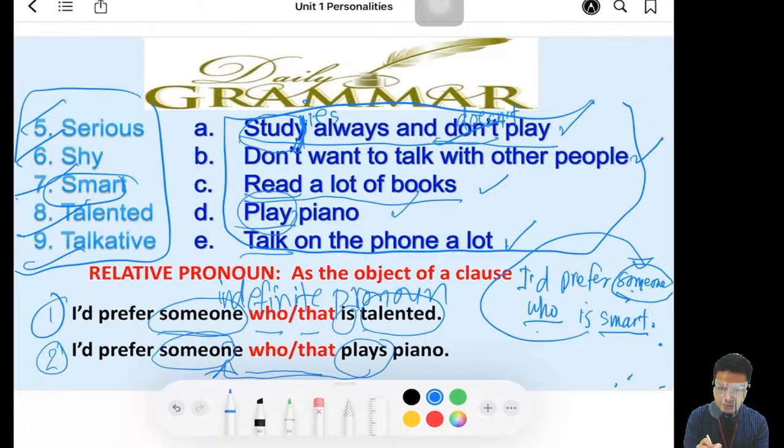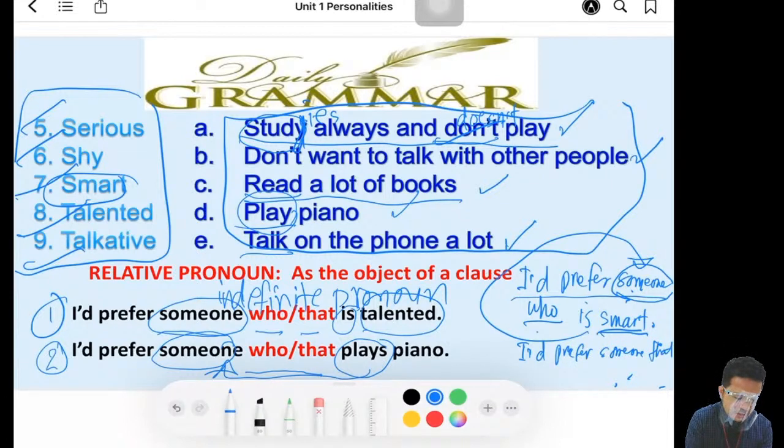Let's try to use another structure using I prefer someone that and using the meaning of smart. I prefer someone that. What's the meaning of smart? Here we have read a lot of books. Take note.